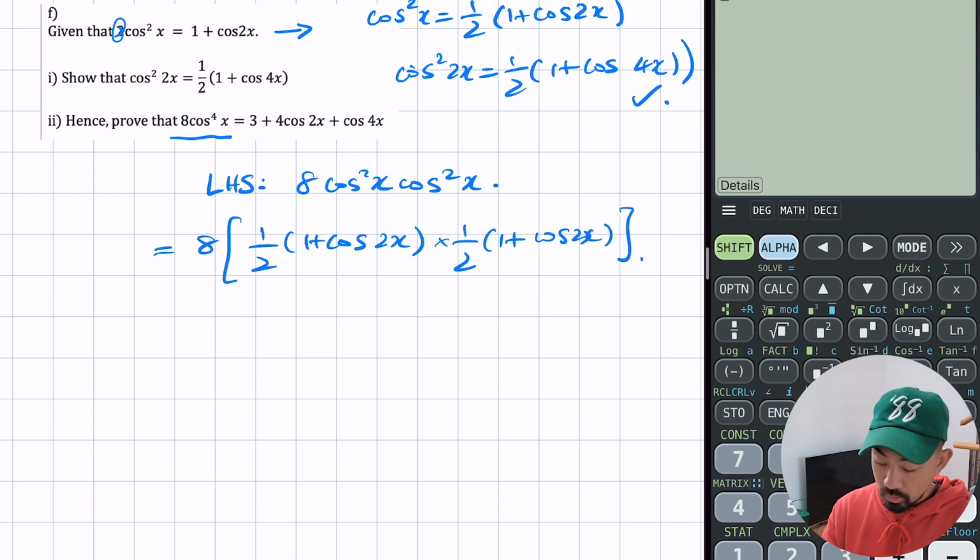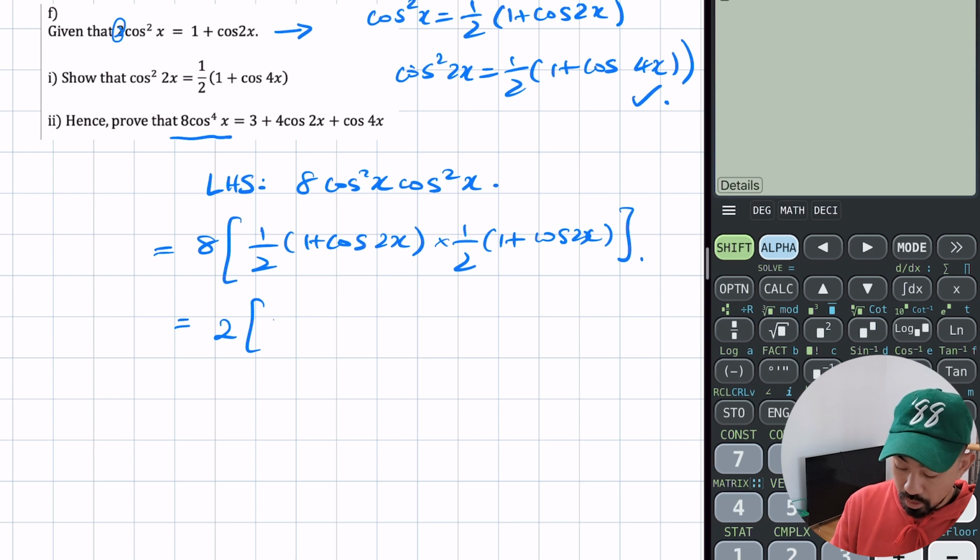Okay, now let's get rid of this 2. So it's 8 times a half, that's 4, and then 4 times another half, that's 2. So let's put that 2 at the front, and I'll have 1 plus cos 2x here, 1 plus cos 2x here.